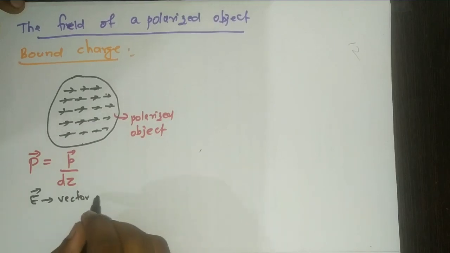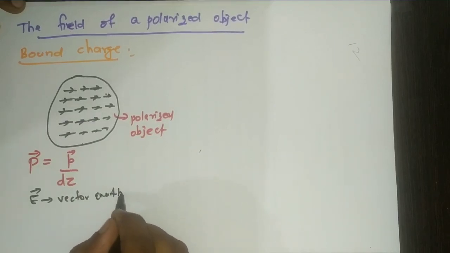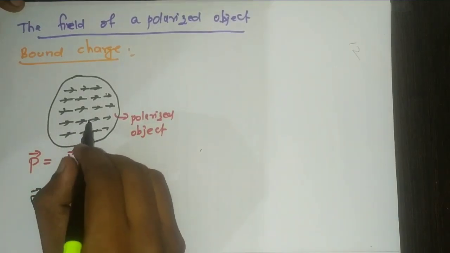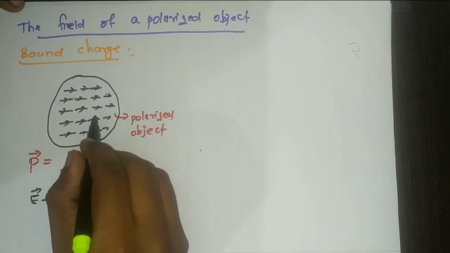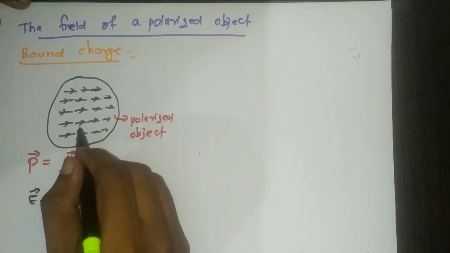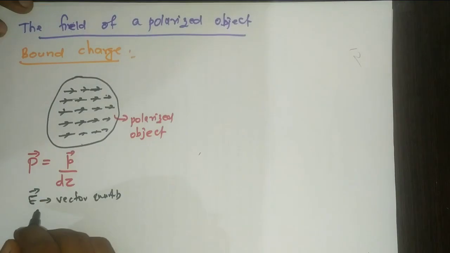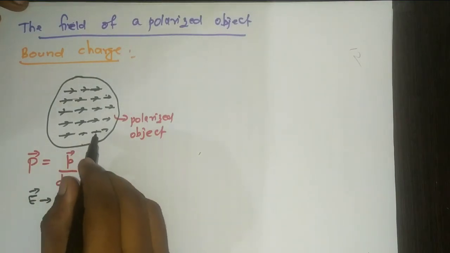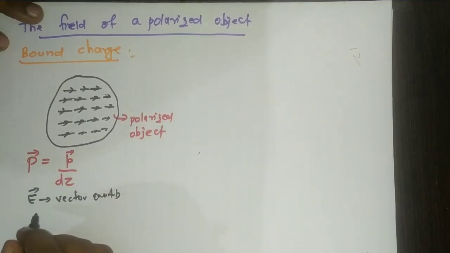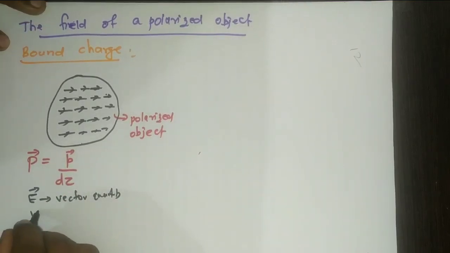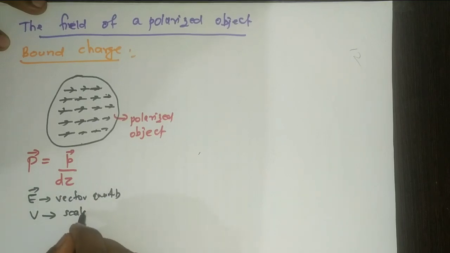Therefore, if you calculate the electric field of the individual dipole and then integrate, that will be quite difficult. Since the electric field is a vector quantity, we need to obey all the vector laws. Therefore, it is much easier to work with the potential. We will find the electric potential of an individual dipole because it is a scalar quantity.